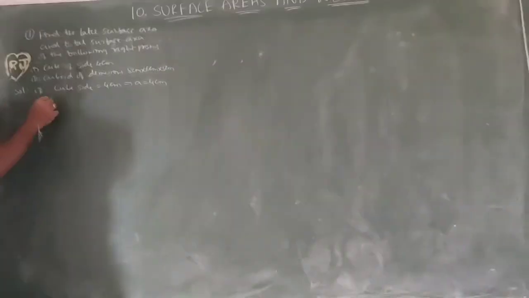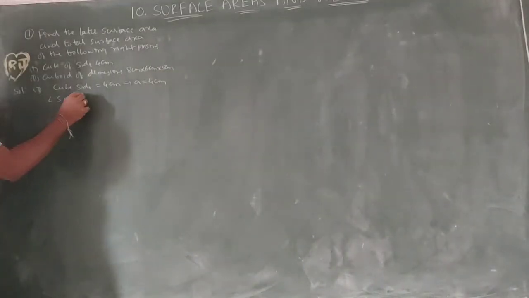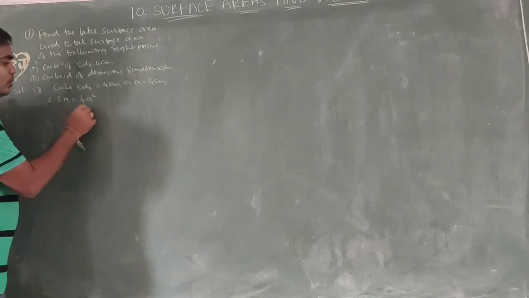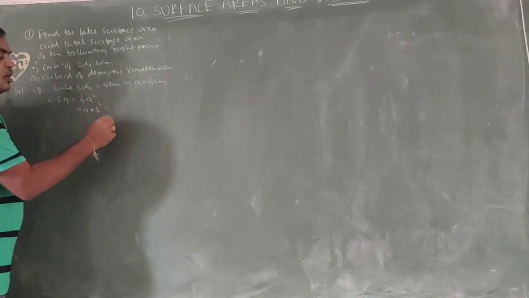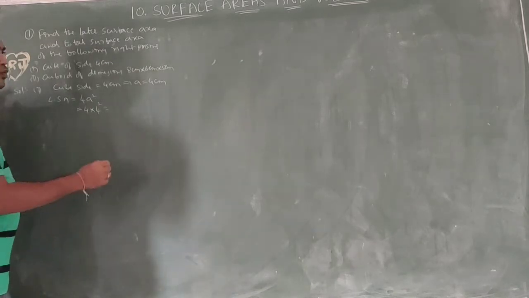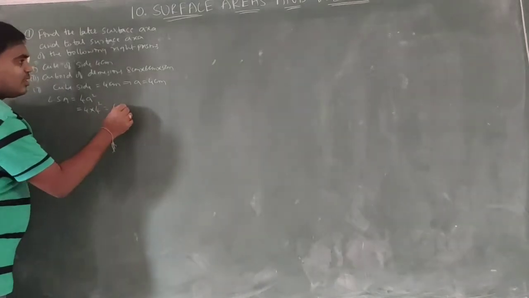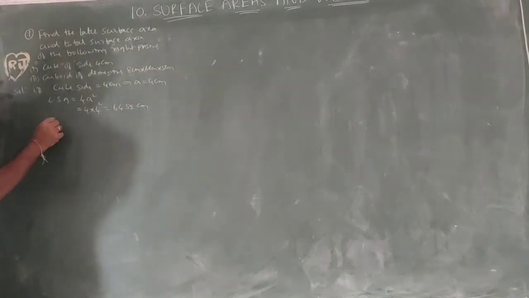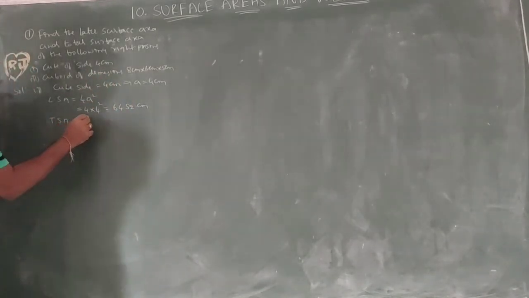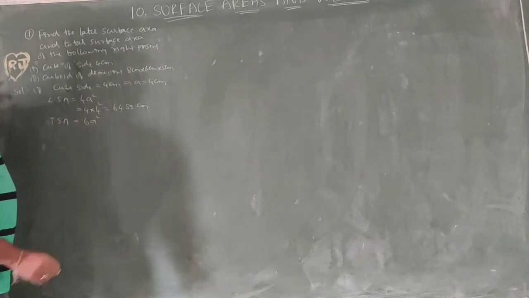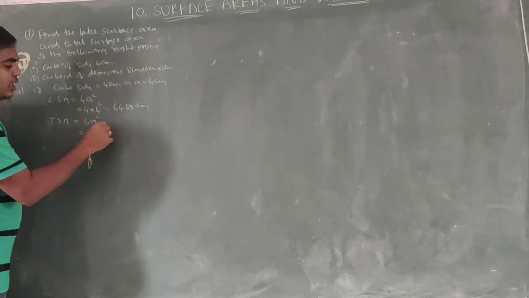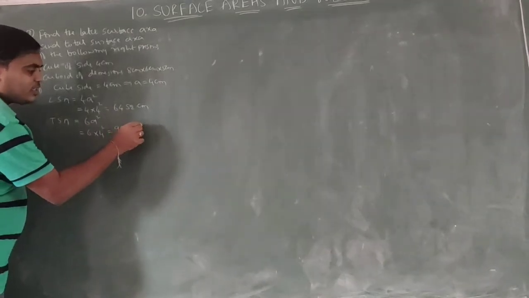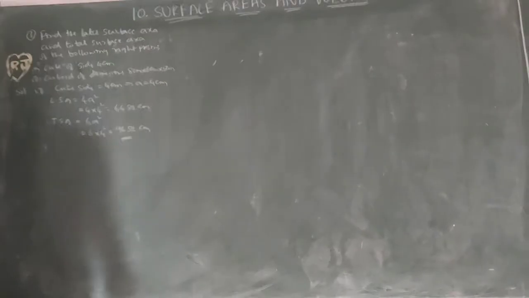Lateral surface area LSA formula 4A square, 4 into A square, 4 into 4 square, 4 into 16, 64 square centimeters. Next, TSA total surface area formula 6A square, 6 into 4 square, 16 into 6, 96 square centimeters. So this is the solution.